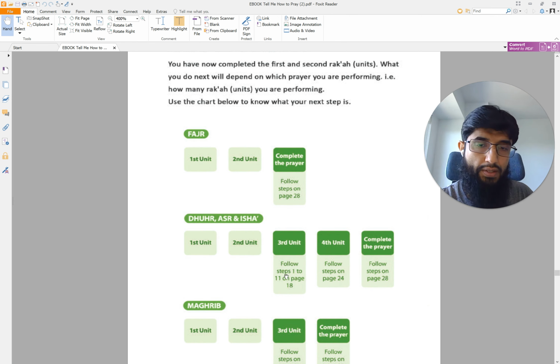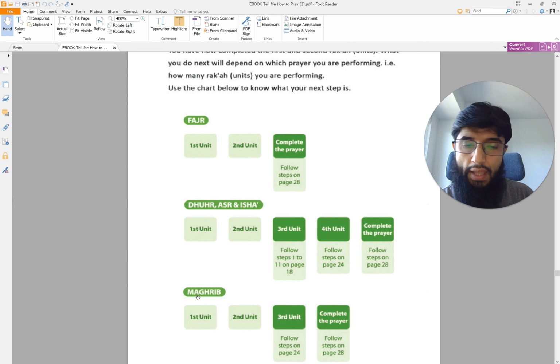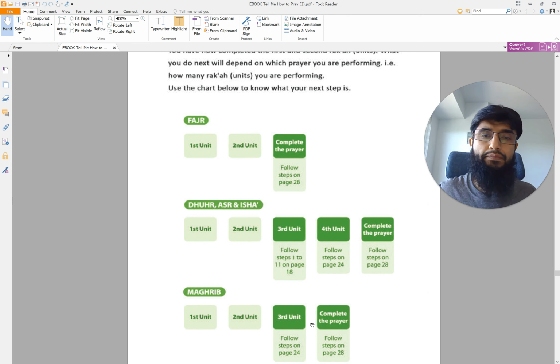Maghrib, which is the sunset prayer, is 3 units. Okay, so 1, 2, 3. So if you want to remember, 2, 4, 4, 3, 4. So 2 for the morning, 4 for the afternoon, 4 again for the afternoon, 3 for the sunset, and 4 for the ending, the night prayer, okay? So I hope that makes sense.